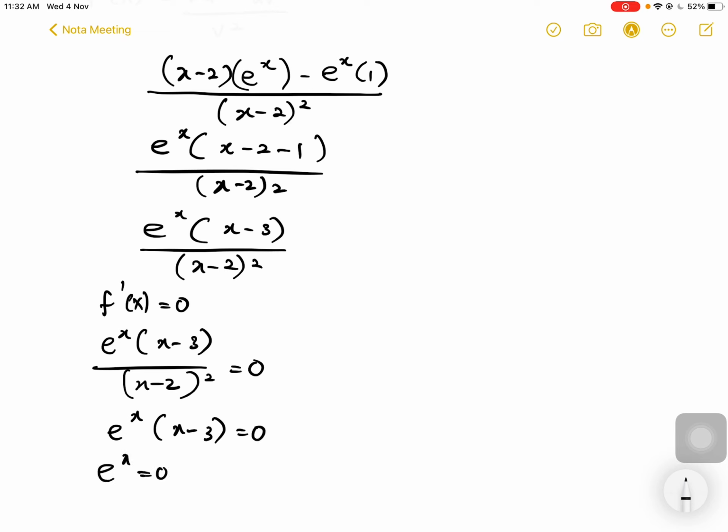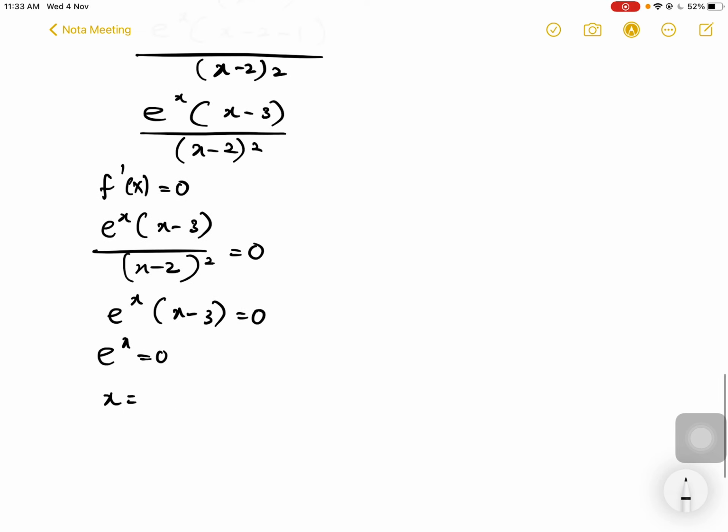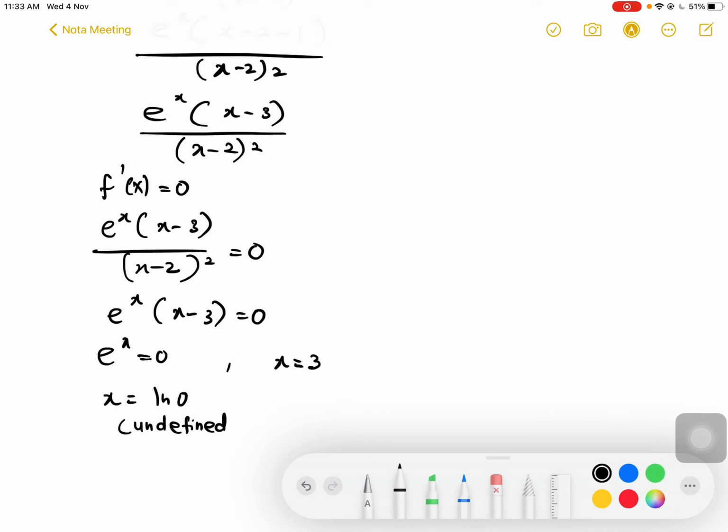When you move the e, you get ln, so x is equal to ln 0. ln 0 is undefined; you press the calculator, you get math error. So your answer here is undefined. Another one, x minus 3 is equal to 0, so x is equal to 3.